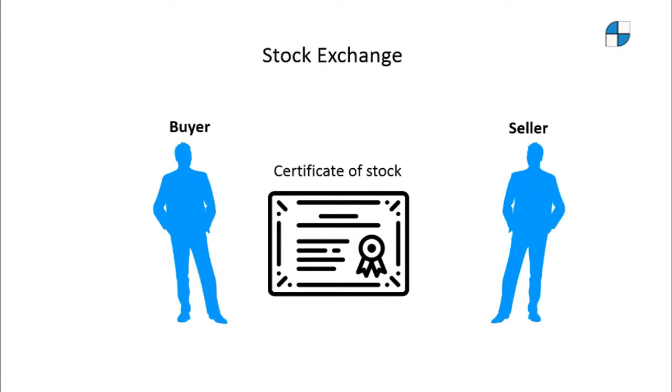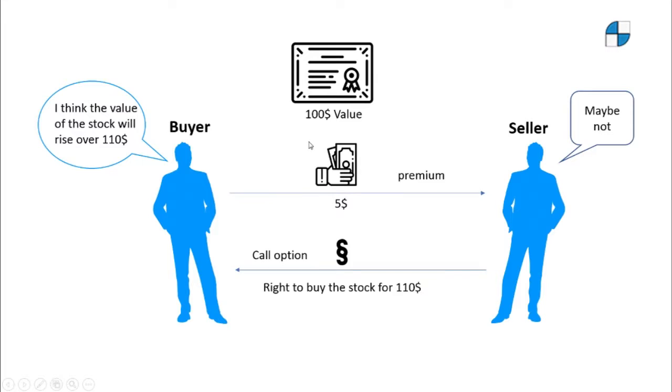Suppose there is a stock exchange and we have one buyer and one seller. Suppose the buyer thinks that the price of the stock will rise over 110, and the stock is currently traded at $100 per share.